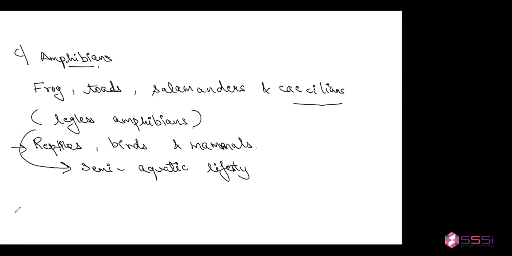We have not started with the next category yet. So amphibians are characterized by their semi-aquatic lifestyle. They must stay near bodies of water to maintain the moisture of their skin.